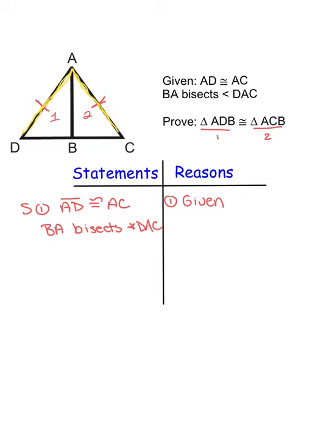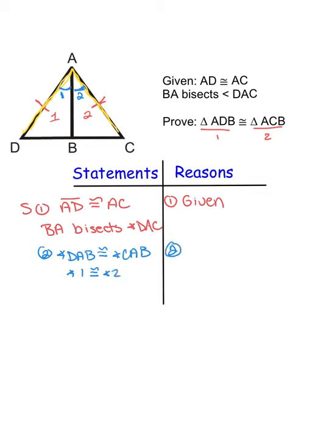If I'm bisecting that yellow angle, it means I'm cutting it in half. So that means that this angle here is going to be equal to this angle here. So for step number 2, I'm going to say angle DAB is congruent to angle CAB. Once again, for those of you that are horrendous with labeling an angle, you could put a little 1 there and a little 2 there, and you can say angle 1 is congruent to angle 2 if you don't like using the letters.